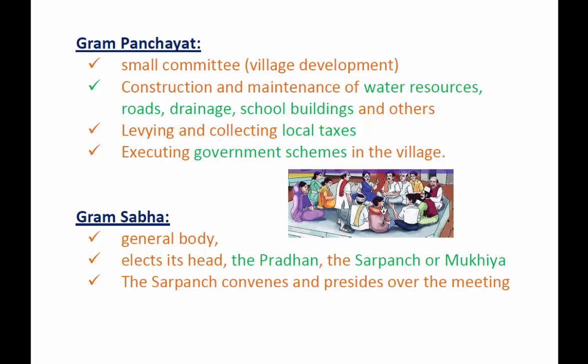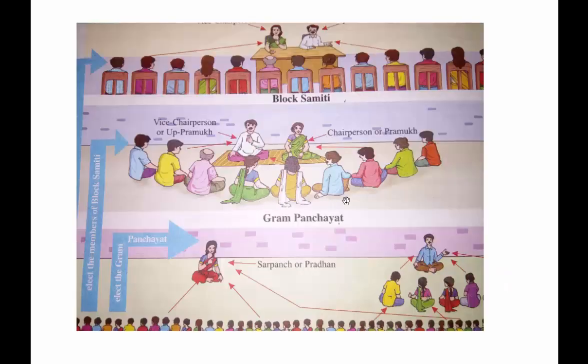Alright. Next. In this picture, you will see a clear picture. So the first level, the lower level, is what we call Gram Panchayat. And this Sarpanch, or what we call Pradhan, this woman is presiding over the meeting of this very Gram Sabha. And these are elected by the people itself.